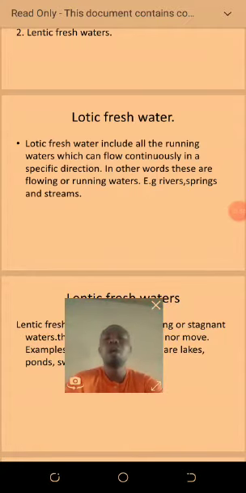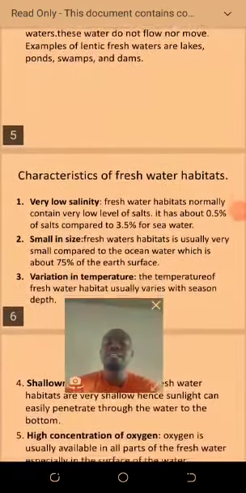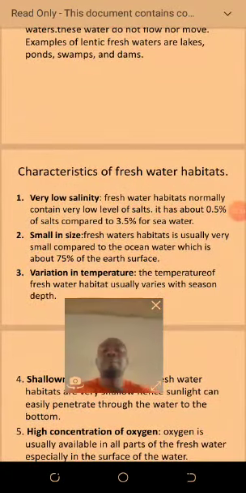But the lentic freshwater habitat is the one that is stagnant. They are not moving. Examples are the lake, the ponds, swamps and dams. All those are lentic freshwater habitats. They don't move.